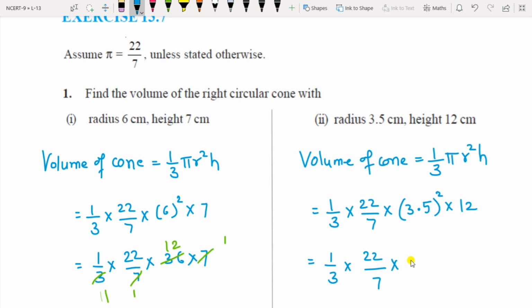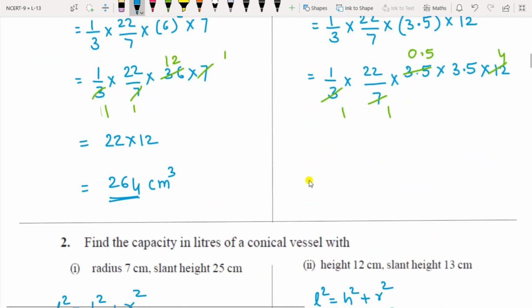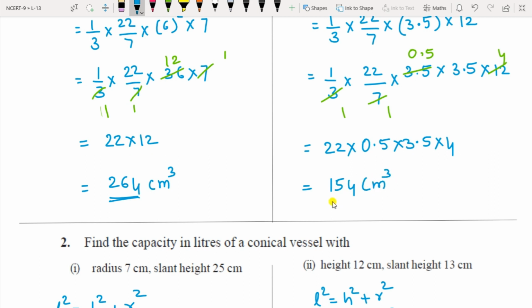Now you can cancel the numbers. 3 4s are 12, and 7 into 0.5 is 3.5. So the remaining is 22 into 0.5 into 3.5 into 4. If you multiply all these numbers, you will get 154 centimeter cube.